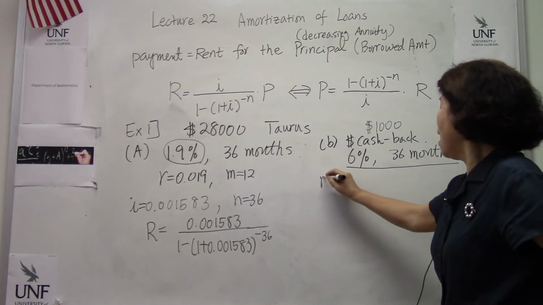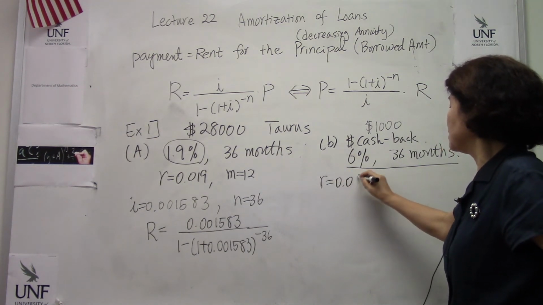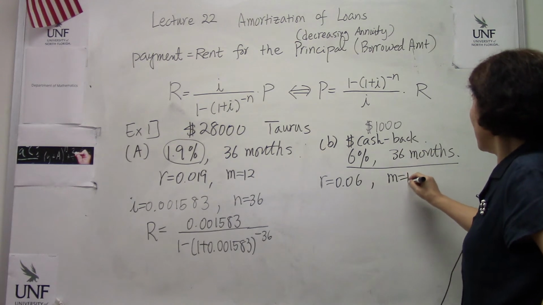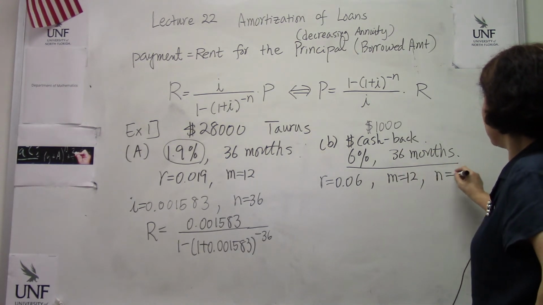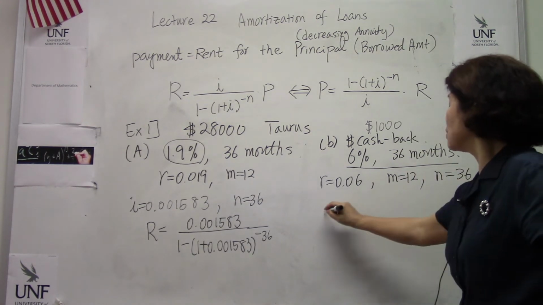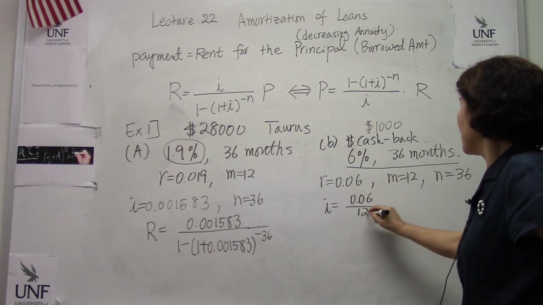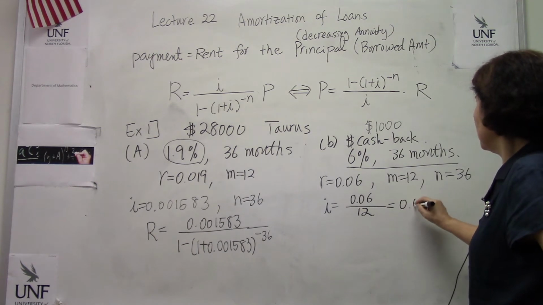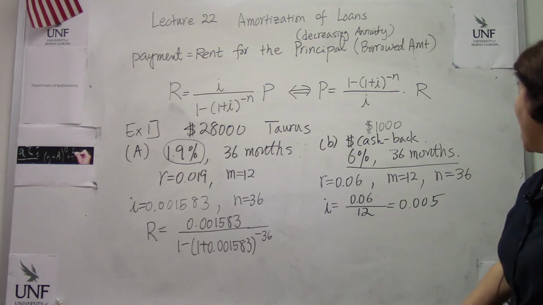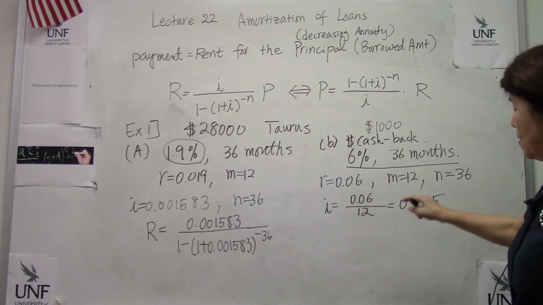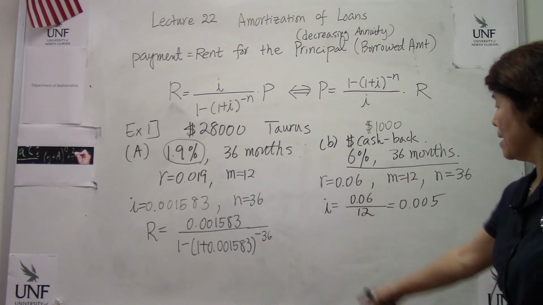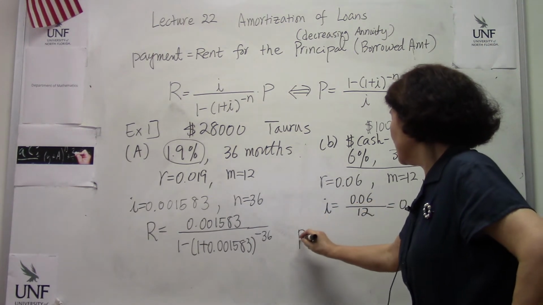So this time R equals 0.06, M is the same 12, so they make it monthly, N equals 36, same. So what is I? 0.06 divided by 12, that is 0.005, 0.5% per month. That's what that is. Exactly the same, so let's compute.